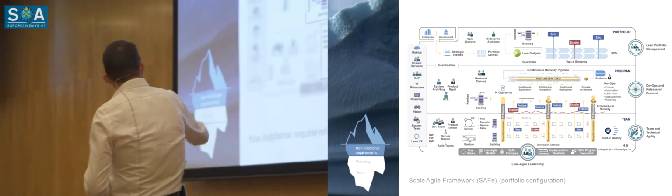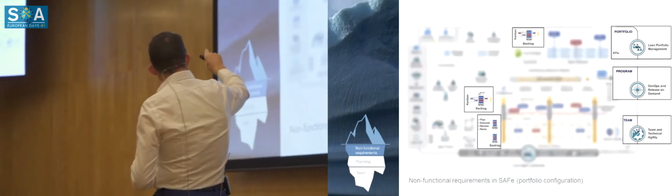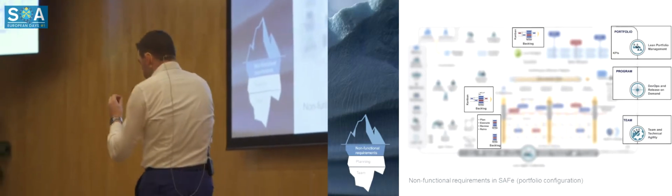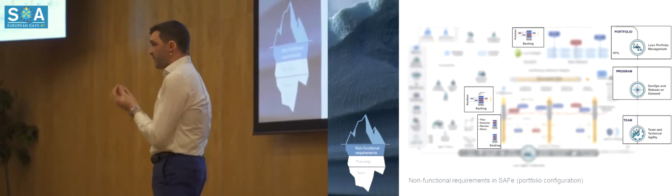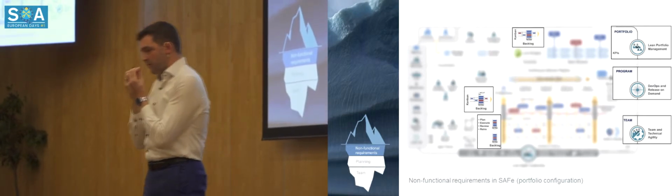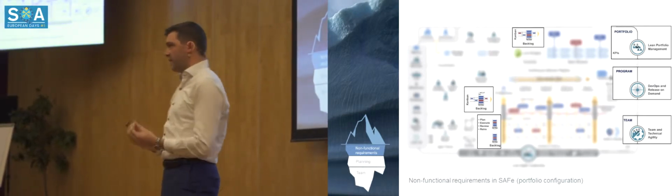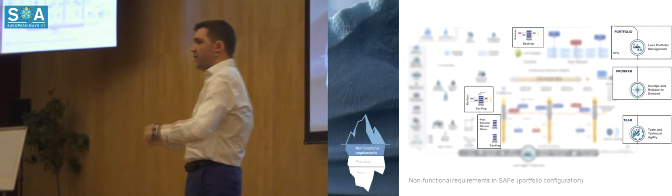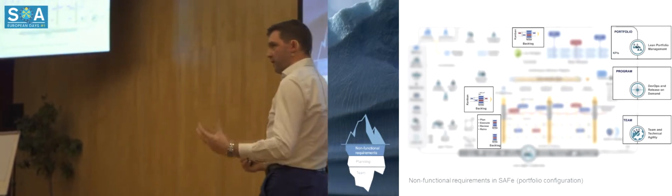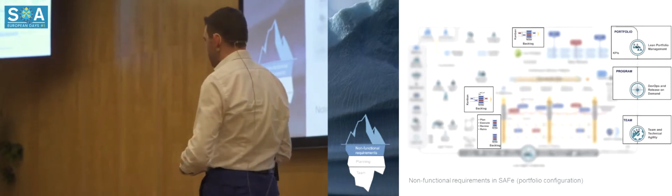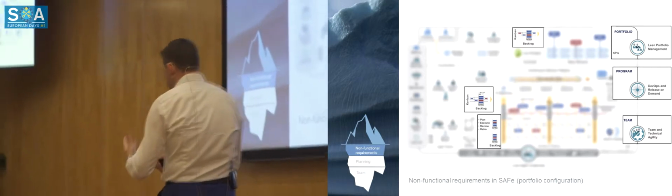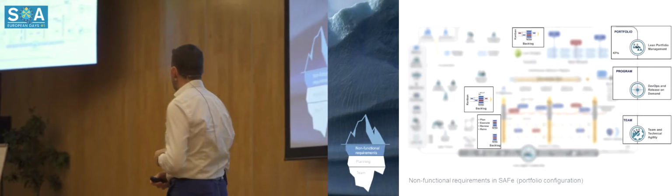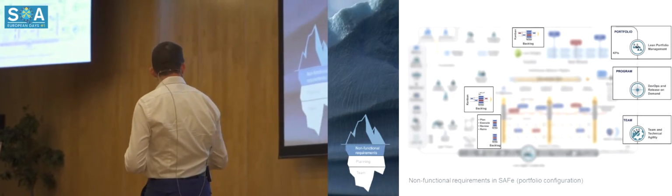You will see that even in the SAFe model, they have defined the non-functional requirements backlog. So the message from the SAFe model is very clear. Just like you have a backlog for all functional things, you need to maintain a backlog for all the non-functional ones. And you have to integrate them into your sprint and releases.